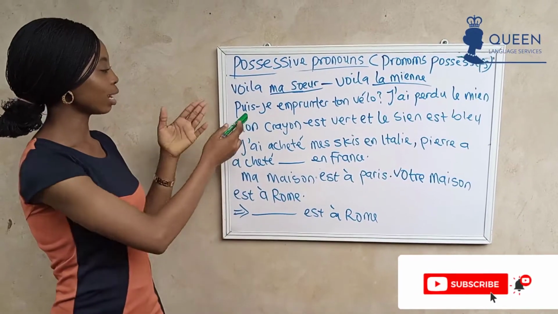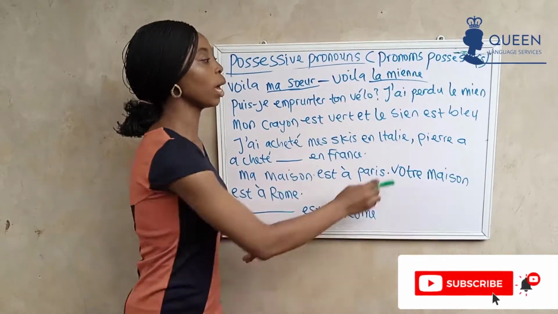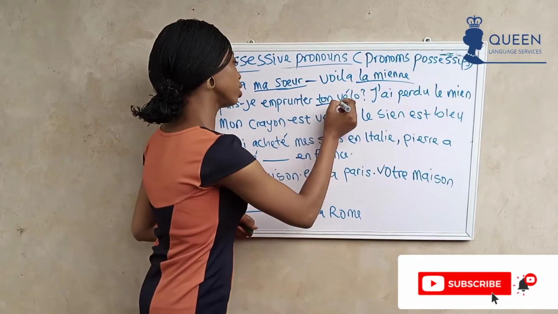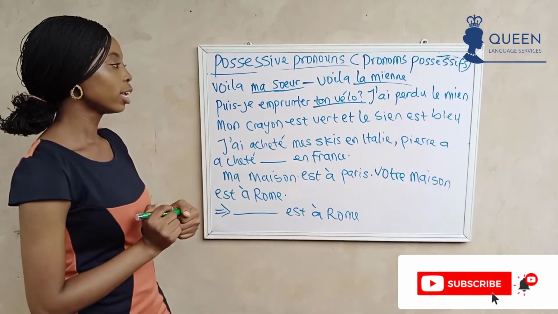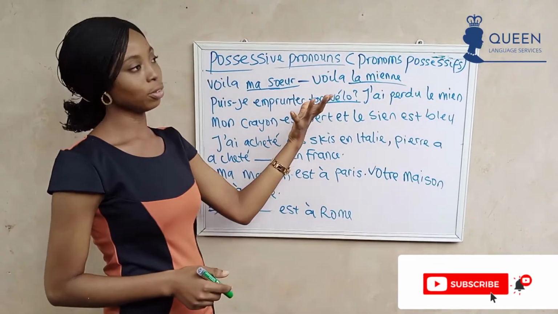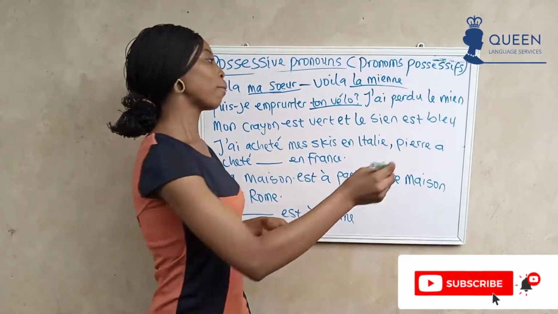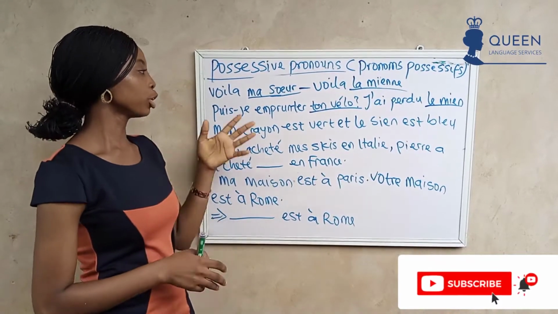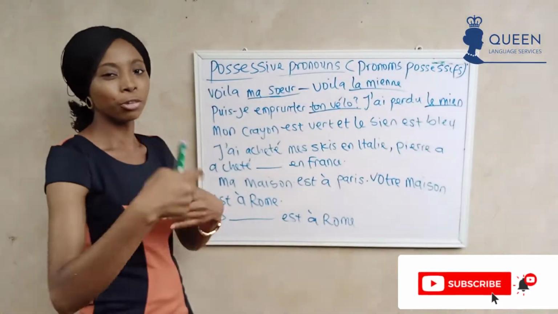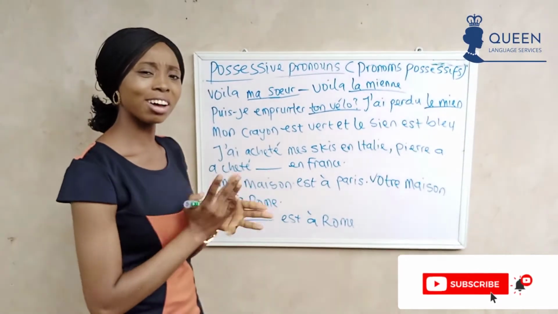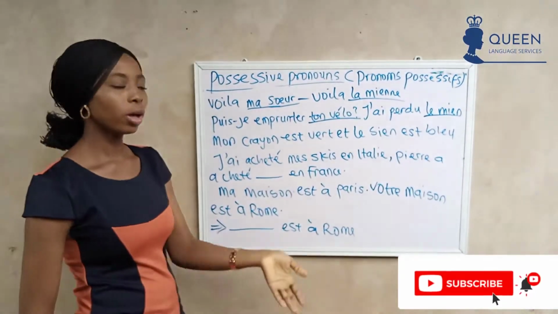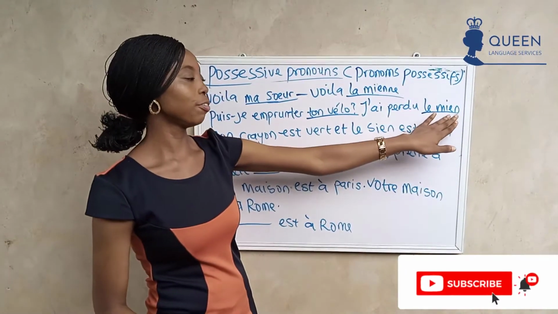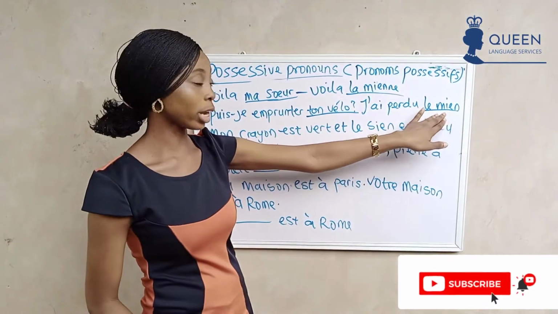Okay, so now let's try another one. Puis-je emprunter ton vélo? J'ai perdu le mien. Okay, so what we are looking at here in this context is le vélo. This is our noun and our adjective in front of it. So it is being replaced by our possessive pronoun le mien. So instead of saying puis-je emprunter ton vélo, j'ai perdu mon vélo, instead of having repetition, you can make use of our possessive pronoun this way.